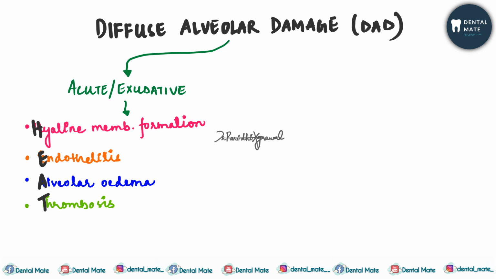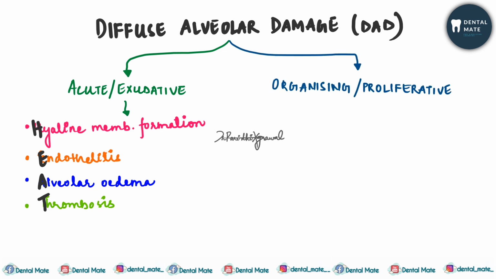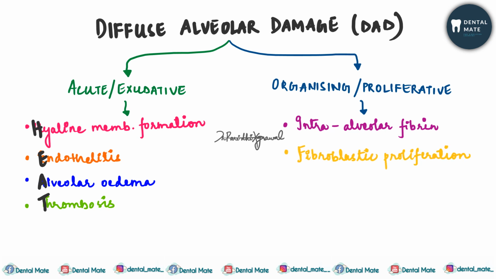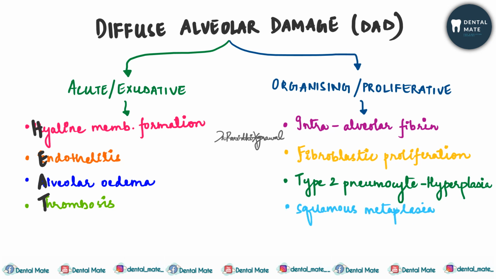This has a mnemonic like HEAT. The diffuse alveolar damage has a second phase known as the organizing or the proliferative phase. In this phase, there is intra-alveolar fibrin formation, fibroblastic proliferation, type 2 pneumocyte hyperplasia, and squamous metaplasia.